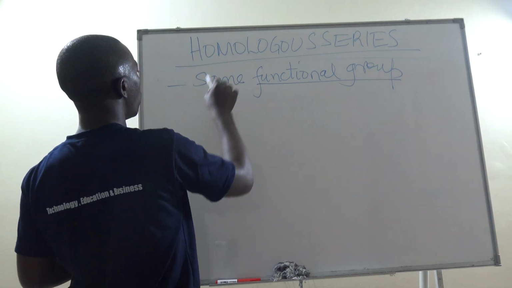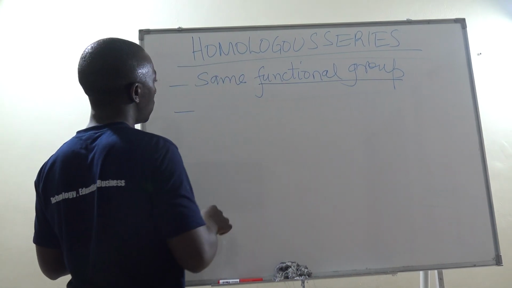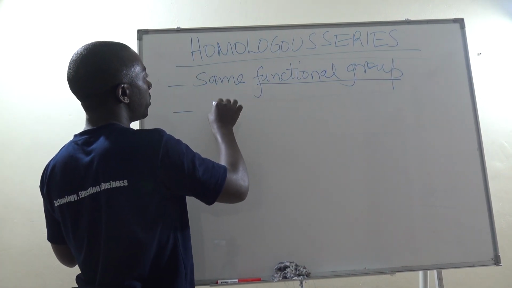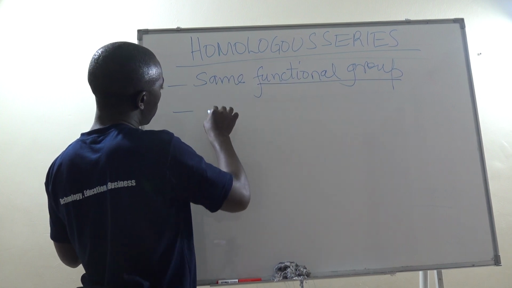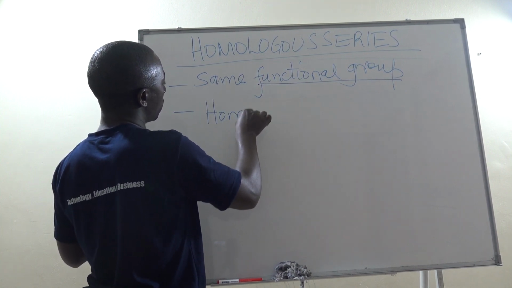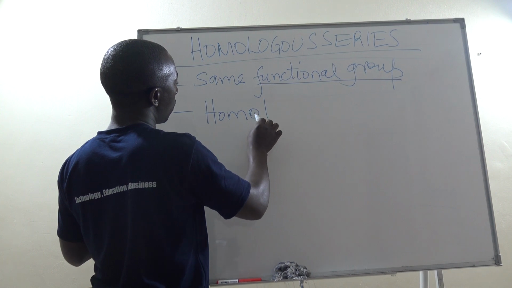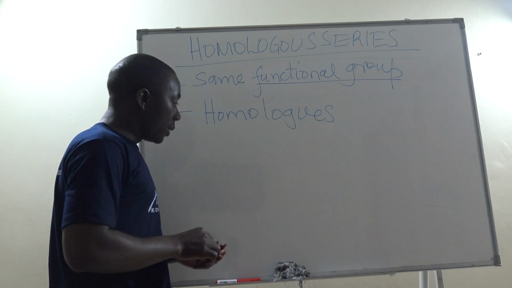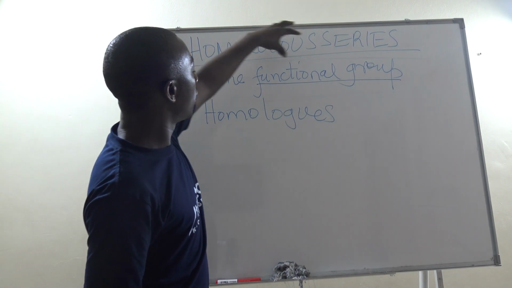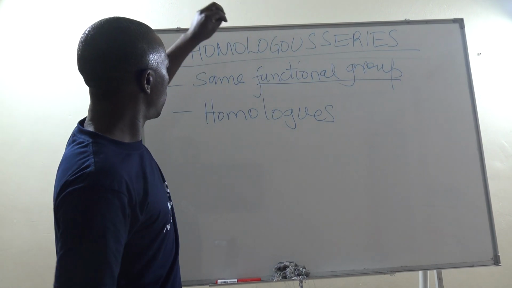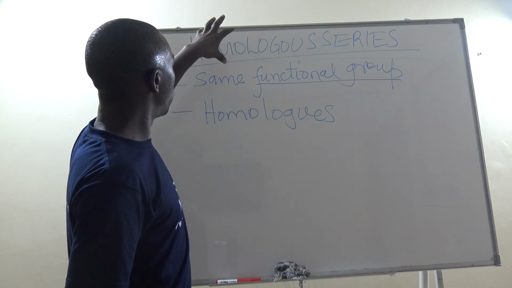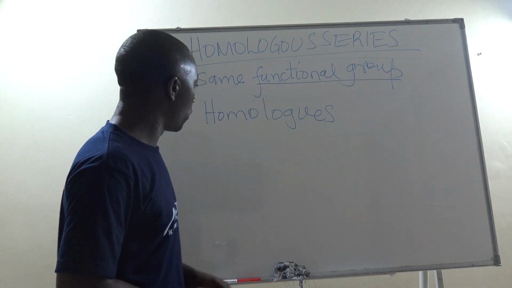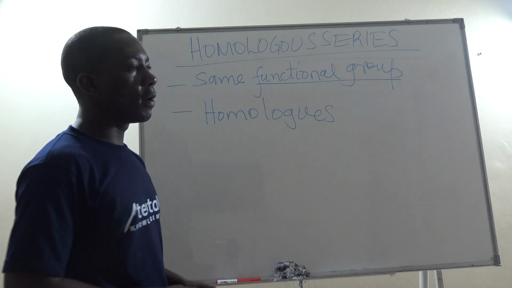Now, these compounds which have the same functional group are called homologues. These compounds, groups of compounds with the same functional group, fall under a homologous series, and we refer to them as homologues.